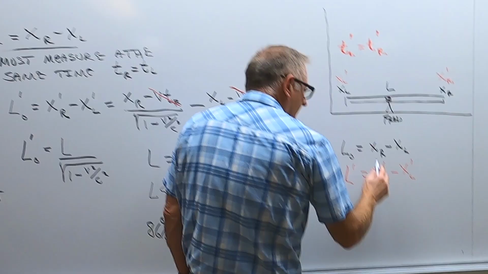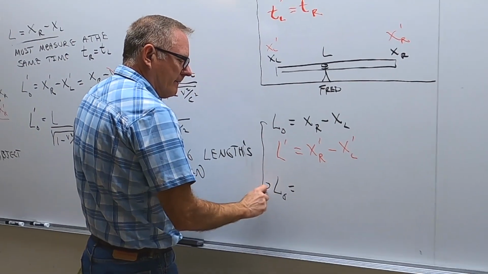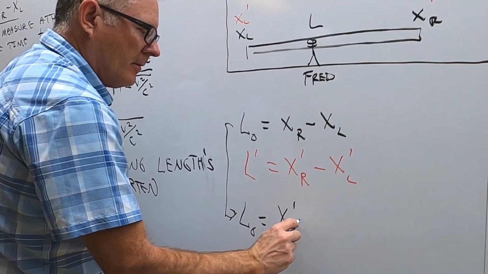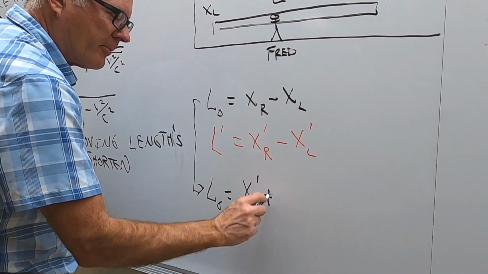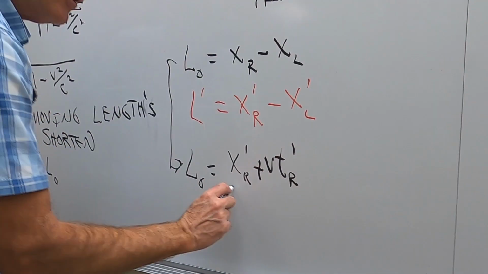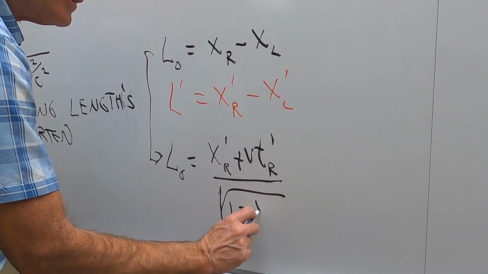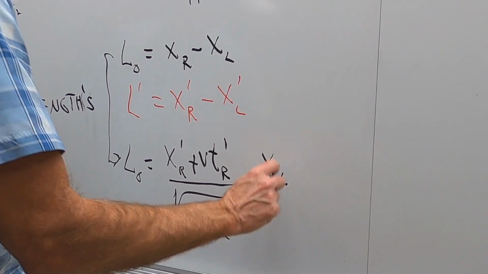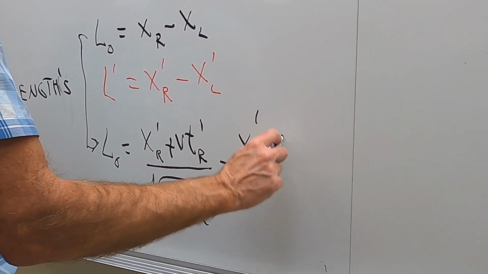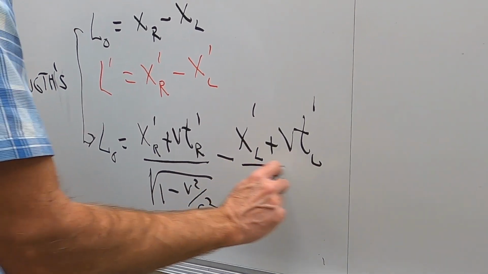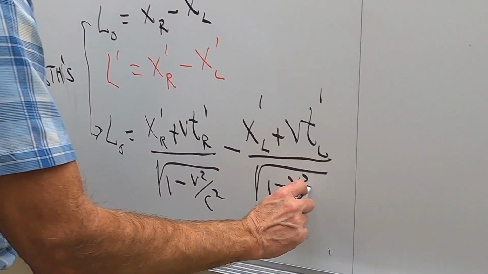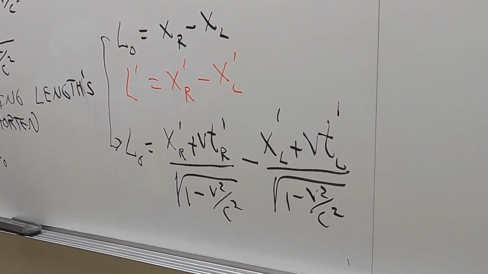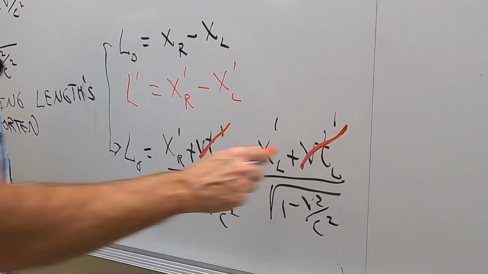So we've got x sub r prime plus v t_r prime, all over the square root of 1 minus v squared over c squared, minus x sub l prime plus v t_l prime, over the square root of 1 minus v squared over c squared. But again, these two times are the same, so we can get rid of those.